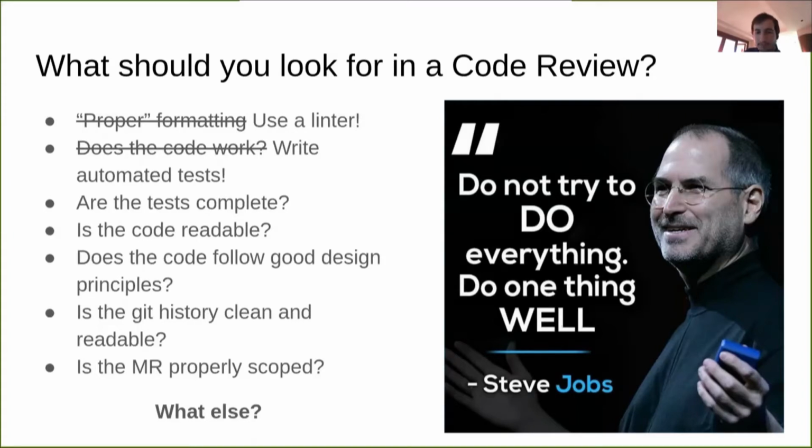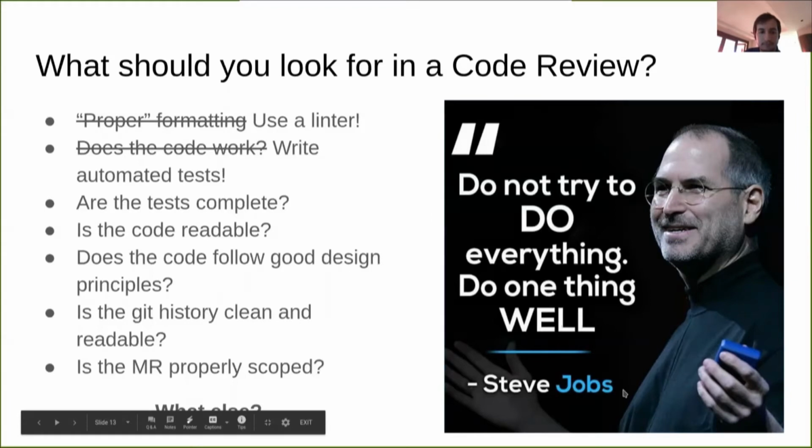I had a conversation a couple days ago on a pull request between me and Pablo, and we were discussing changing timeouts on a CouchDB changes feed, and I decided that in the interest of time, I would just go back to the old behavior and merge that, rather than continuing the discussion, because it was taking longer than necessary. The change we were discussing wasn't really related to what the pull request was meant to be doing in the first place. So just consider that as a potential signal that maybe the scope of the pull request could be narrowed somehow. Anything else you look for that I haven't talked about?